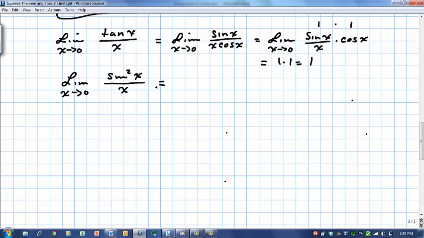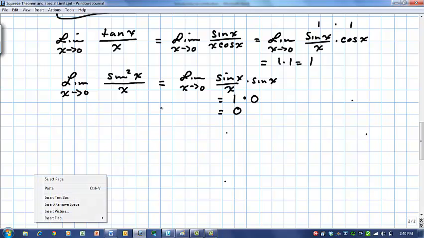Again, we could just split this up and call this the limit as x approaches 0 of the sine of x over x times the sine of x. And again, because the sine of x over x has a limit of 1 as x approaches 0, and the sine of x as x approaches 0 has a limit of 0, the limit of the sine squared of x over x is equal to 0.